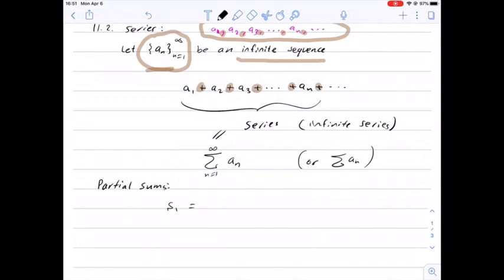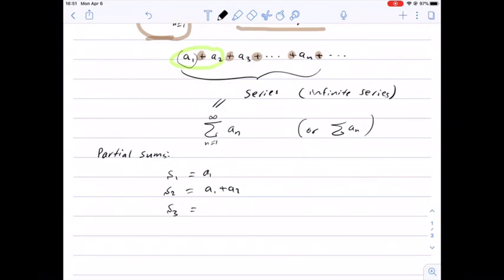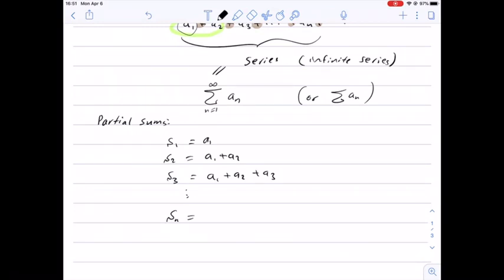What do we mean by partial sum? The first partial sum is the first element. The second partial sum is the sum of the first two elements, so a1 plus a2. The third sum, S3, is a1 plus a2 plus a3.